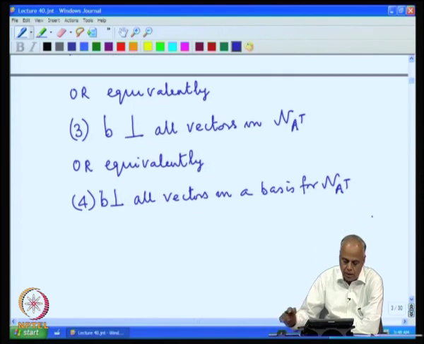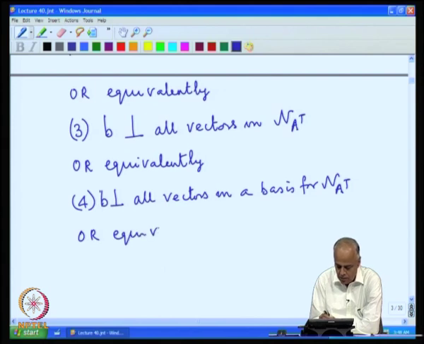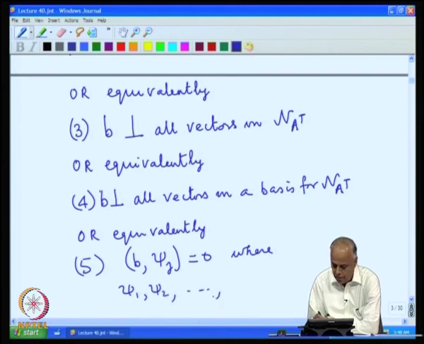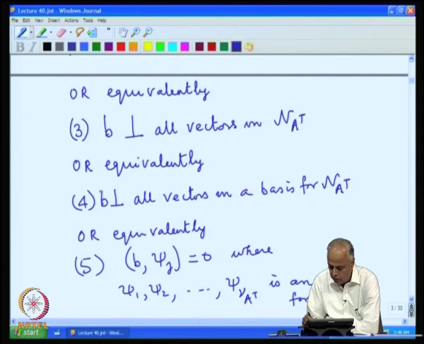In particular, by choosing an orthonormal basis, we can state this as B orthogonal to psi j equal to 0, where psi 1, psi 2, up to psi nu, is an orthonormal basis for the null space of A transpose.